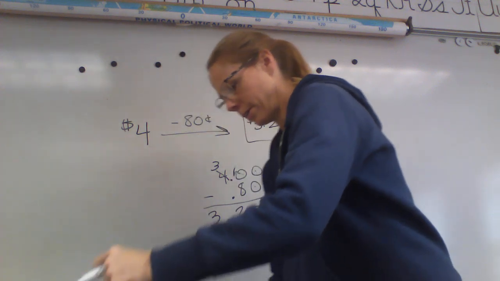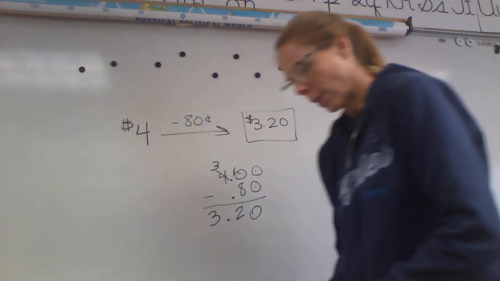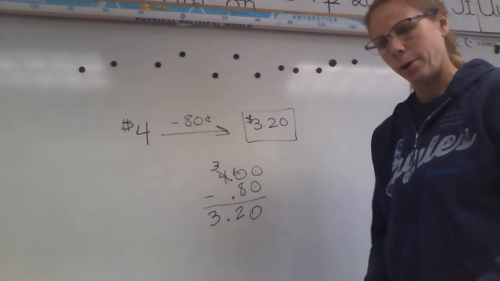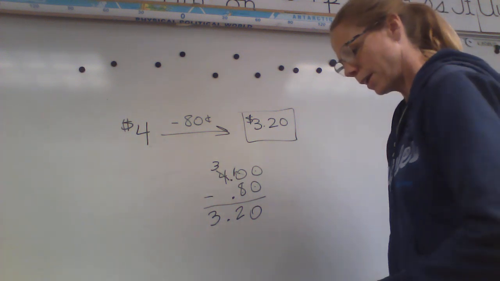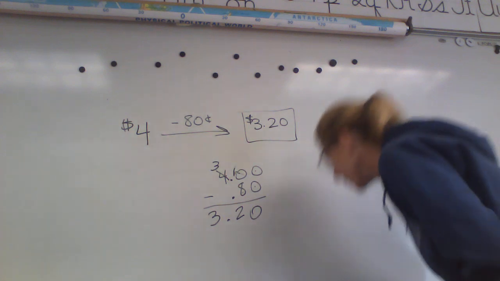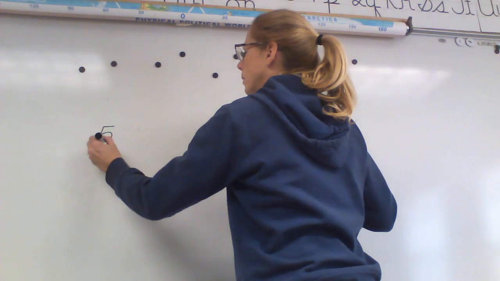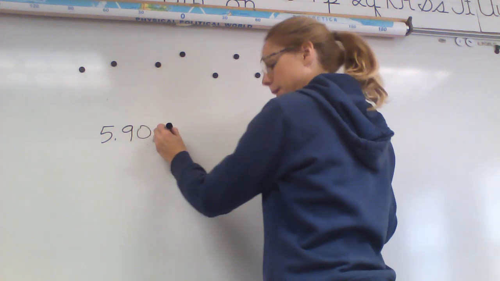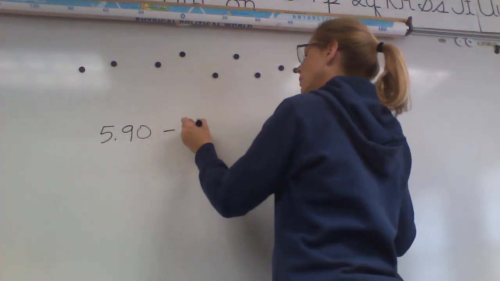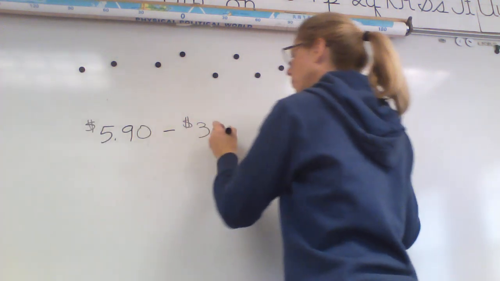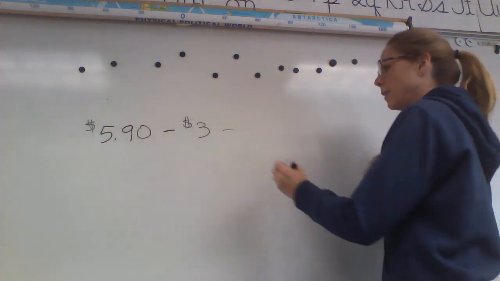We're almost done here. On the next page, 82, they have it broken up into parts. Okay, where they have a $5.90 minus the $3, minus the 65 cents.